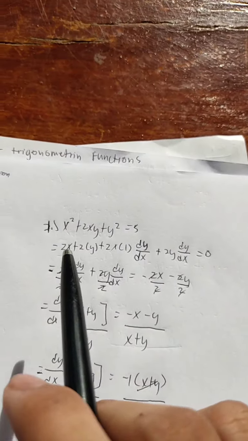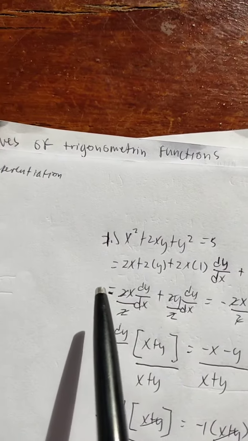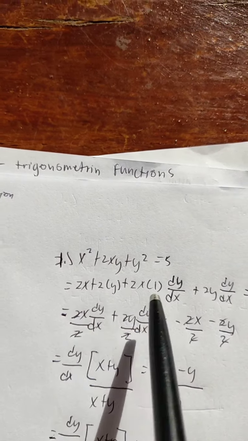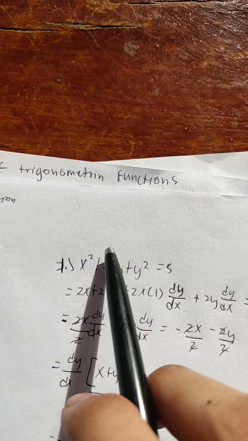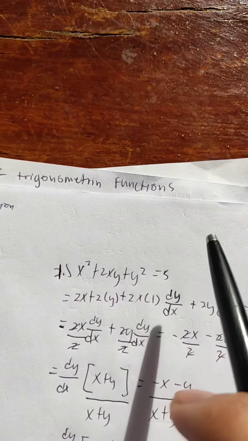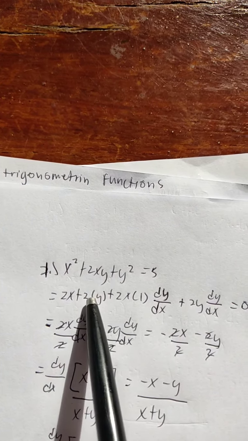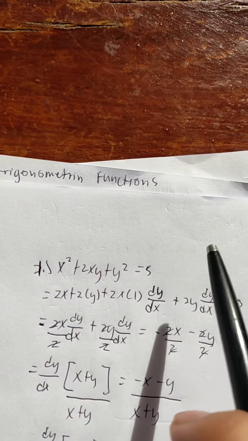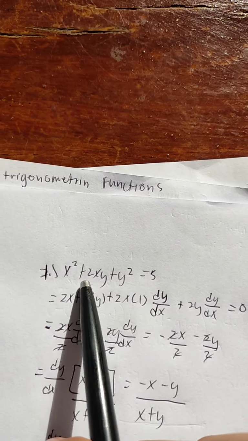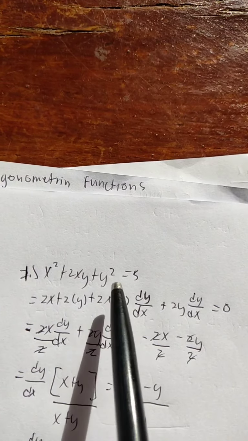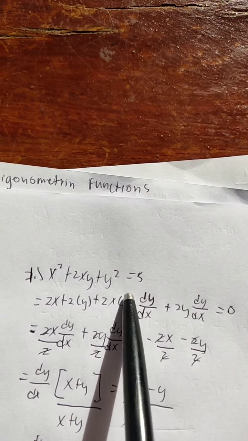So I will explain it here. The derivative of x squared would be 2x, and for the derivative of 2xy, first we need to get the derivative of 2x, the first term. The derivative of 2x would just be 2, and we're just gonna copy y. Then plus, we're gonna copy 2x because we already got its derivative, and we're gonna get the derivative of y, which is 1.